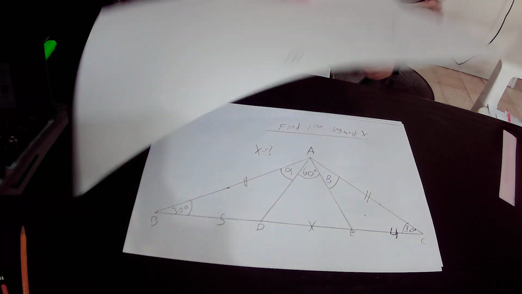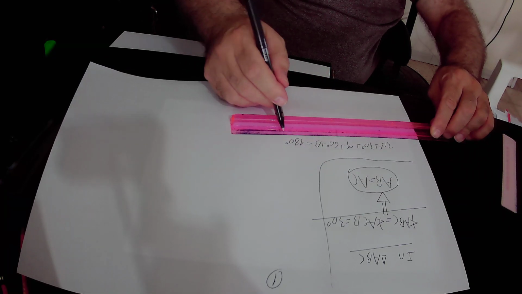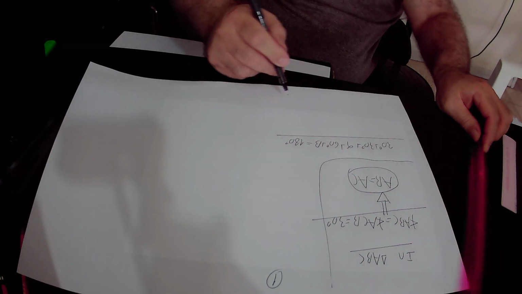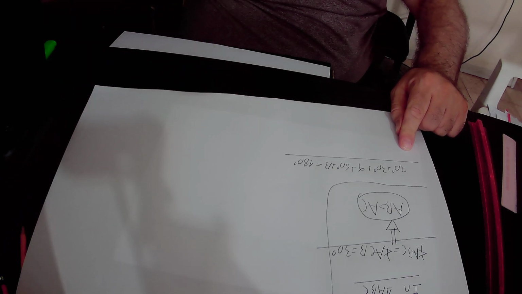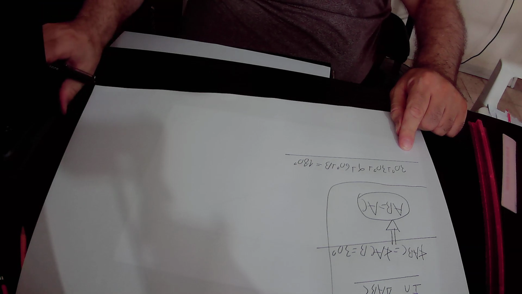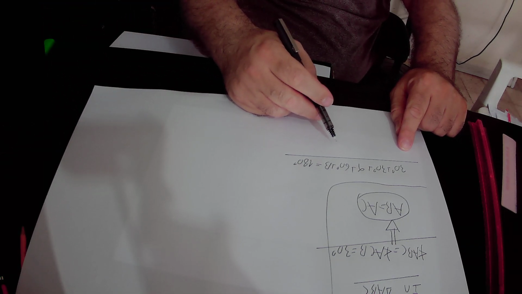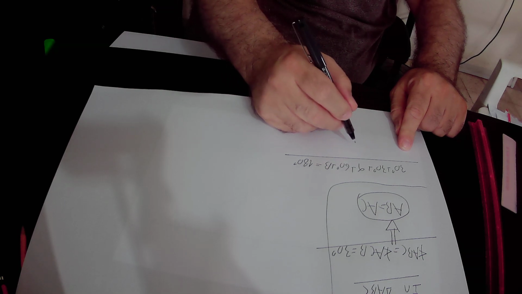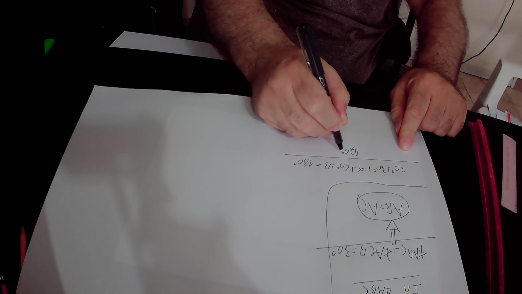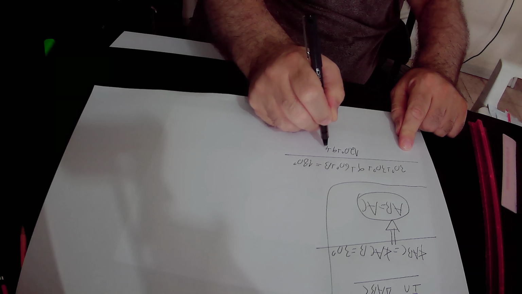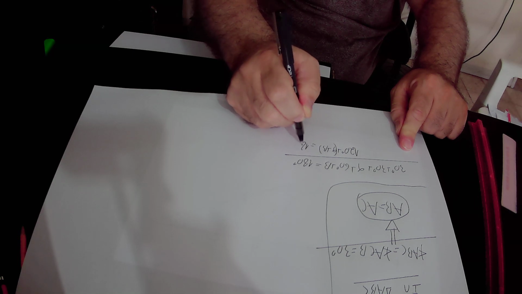Okay. So here, 30 degrees plus 30 degrees is 60 degrees, and 60 degrees plus 60 degrees is 120 degrees. So here on this side of the equation we have 120 degrees plus alpha plus beta is equal to 180 degrees.